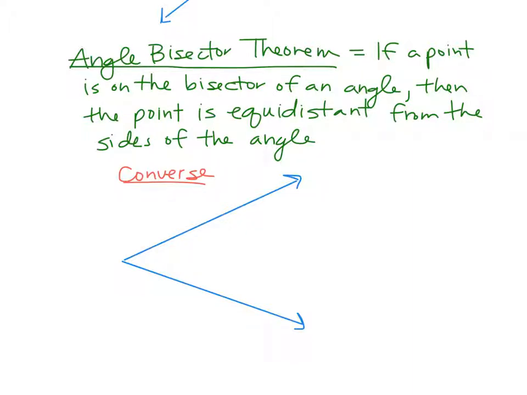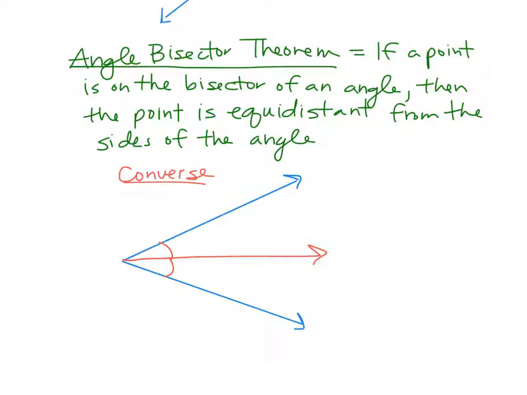This ruler doesn't want to do an angle bisector for me. Okay, well, you know what? We're just going to freehand it because it doesn't want to. All right, so you have an angle bisector.